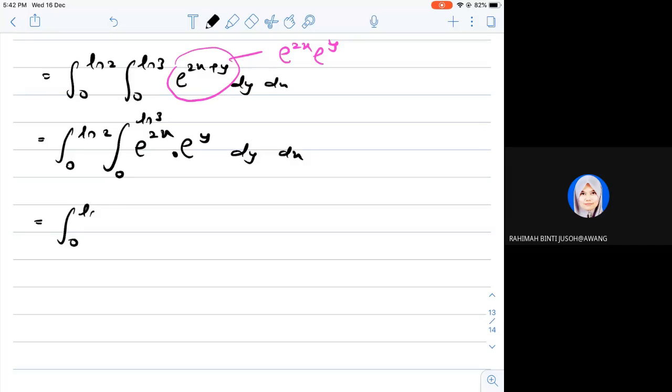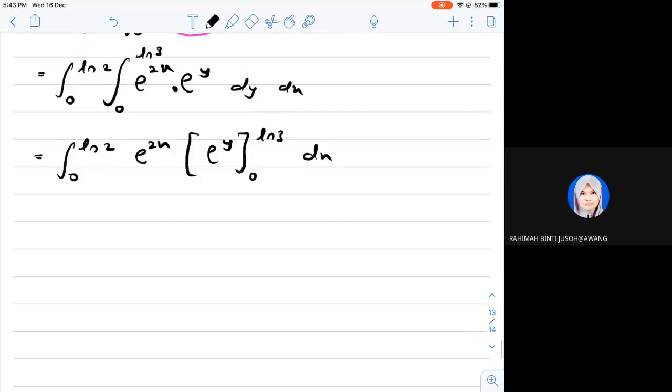So we will have ln 2. Exponent to x is just a constant because we want to integrate with respect to y. So exponent y integrate dapat exponent y juga lah, dia tak ada beza. Okay, so substitute y equals to 0, y equals to ln 3. So dx.